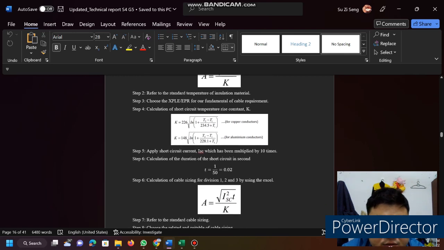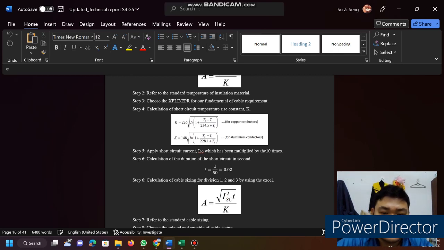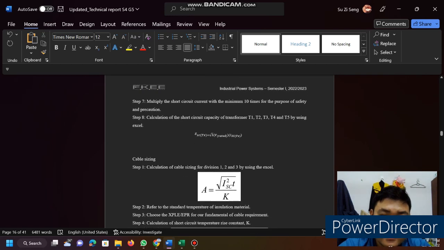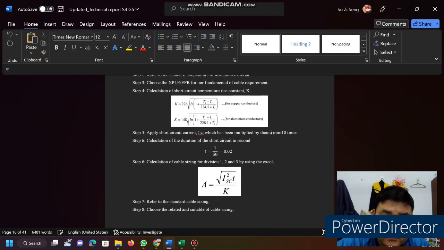Step 5 is applying the short circuit current, which is multiplied by a minimum of 10 times.